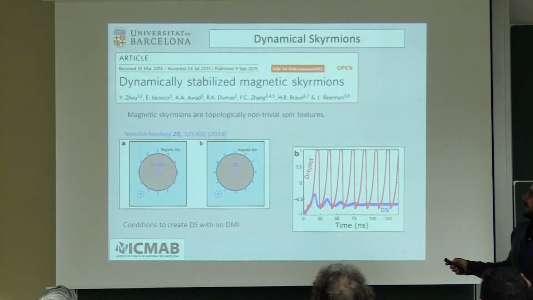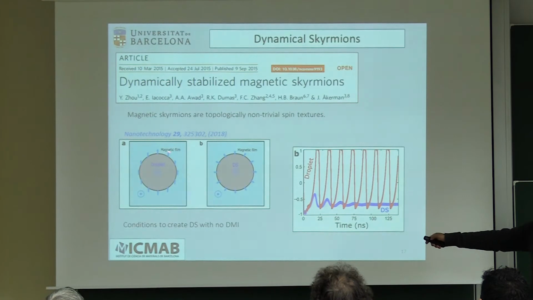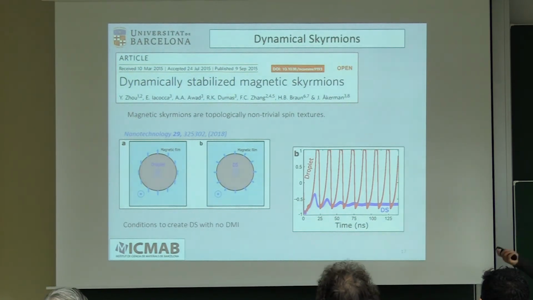Here we looked at the conditions that you need to create these topological states. These are precessing, not static skyrmions. The magnetization is precessing all the time at gigahertz. Here, for instance, we show the difference between a droplet state and a dynamical skyrmion.